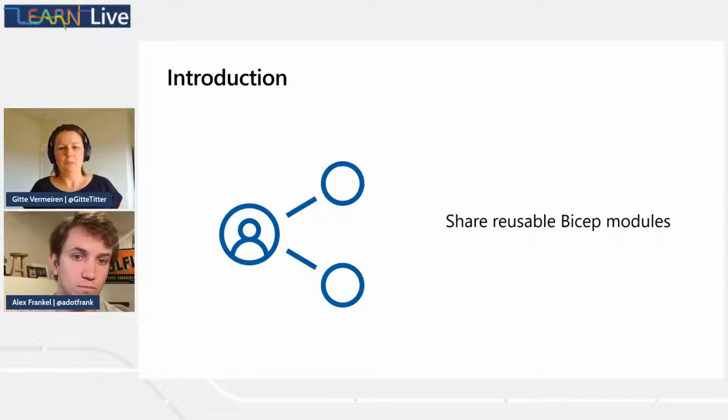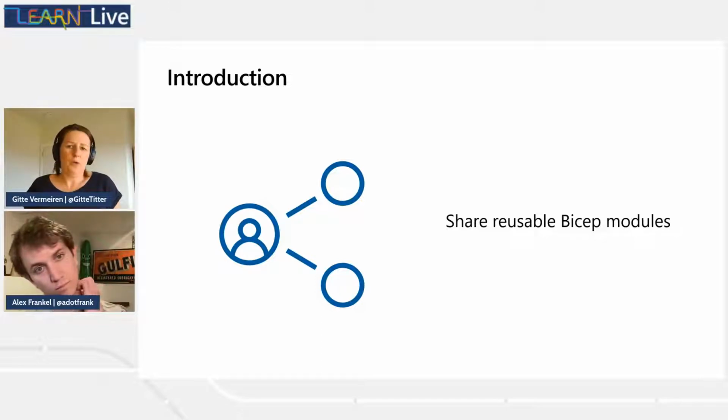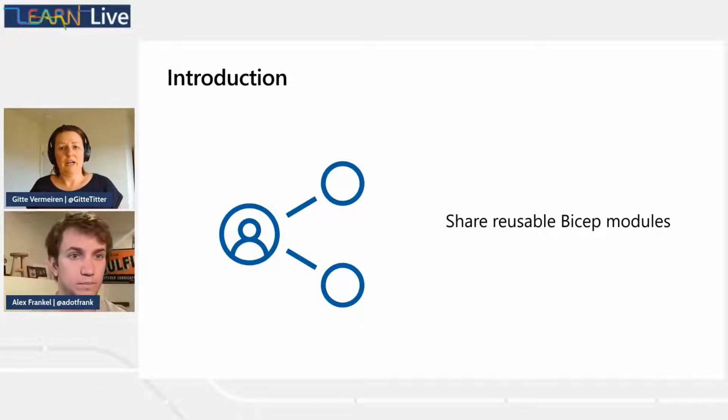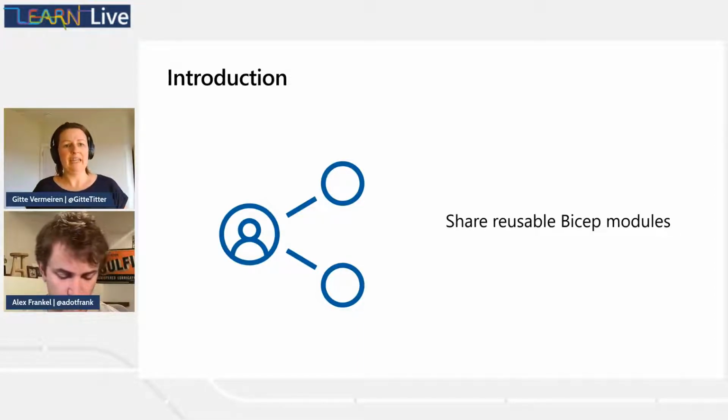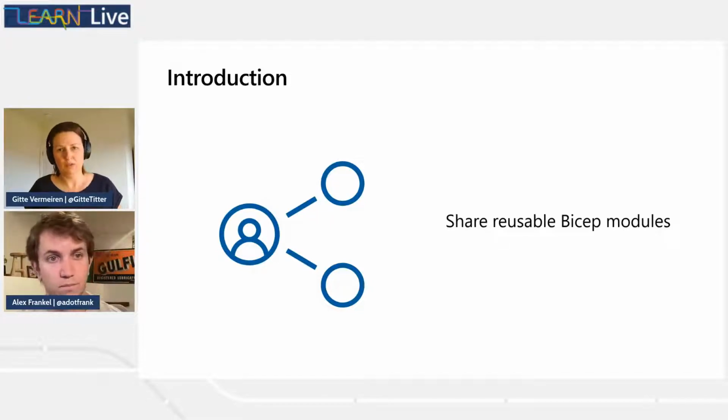Bicep in itself is a templating language that you use to describe your Azure environment or your Azure deployment, and that you can then reuse to, let's say, deploy the same resources to your Azure environment. And modules give you a way of creating reusable components and reusable resources for reuse in other Bicep templates.